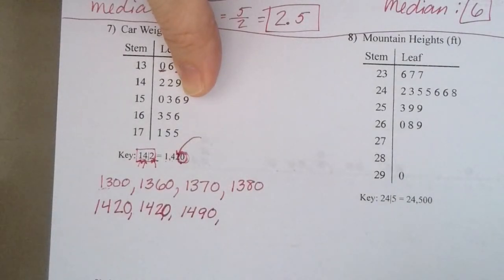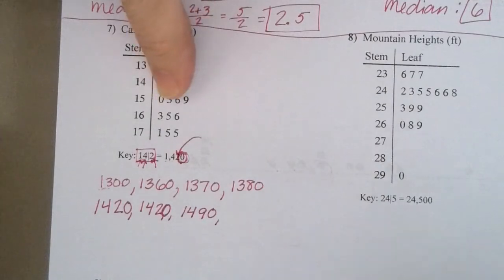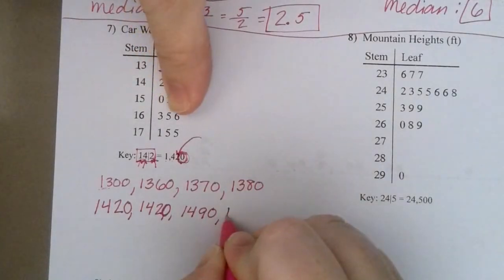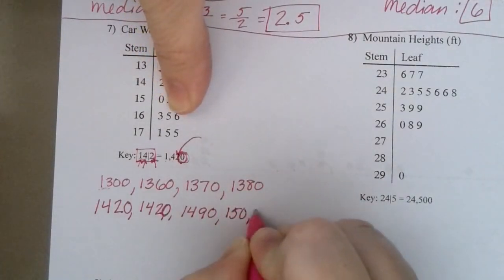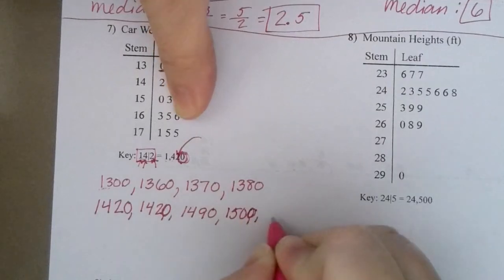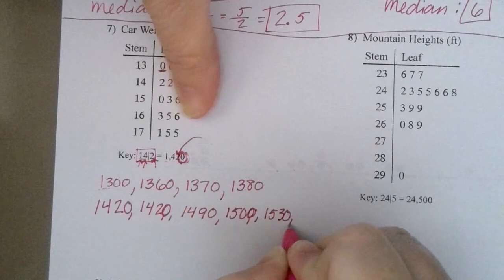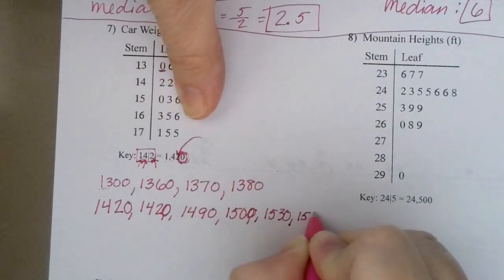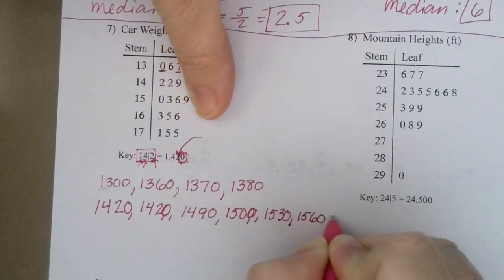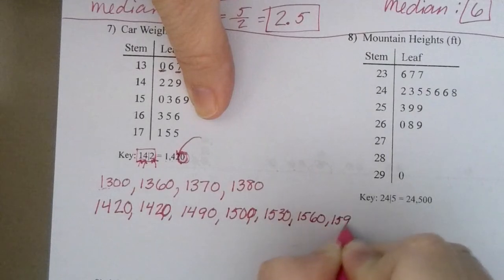Do you see what I'm doing here? Okay. This is a 15, 0 with another 0. Oops. A 15, 3 with a 0. A 15, 6 with a 0. And a 15, 9 with a 0.